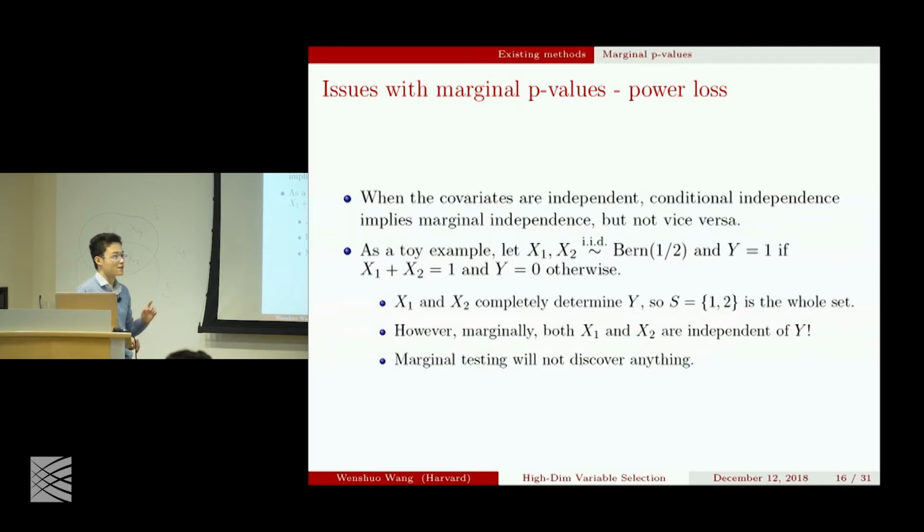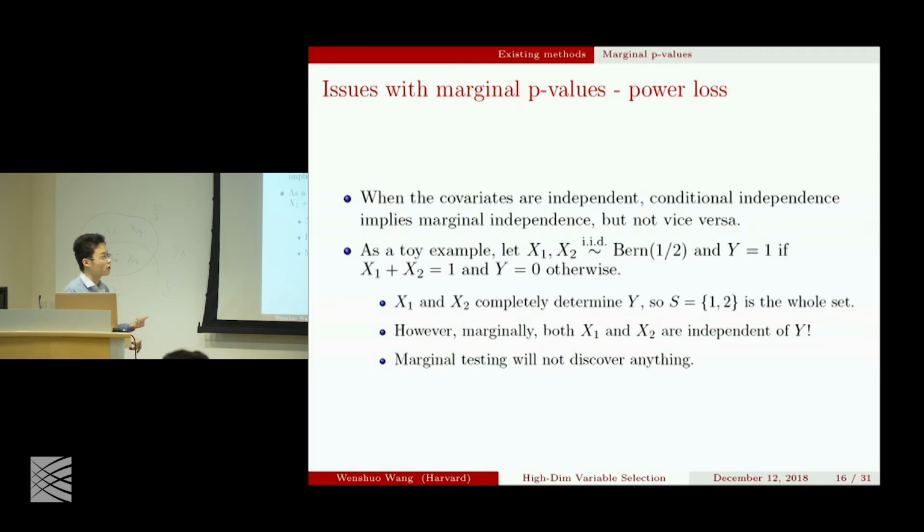However, if you test them marginally, you're going to see x1 and x2 are both independent of y marginally. So if you know x1 is 1, it doesn't tell you anything about y being 1 or 0, because that's still going to happen with probability of half each. If x1 is 1, then y is 1 if x2 is 1, and y is 0 if x2 is 0, both happen with probability of half.